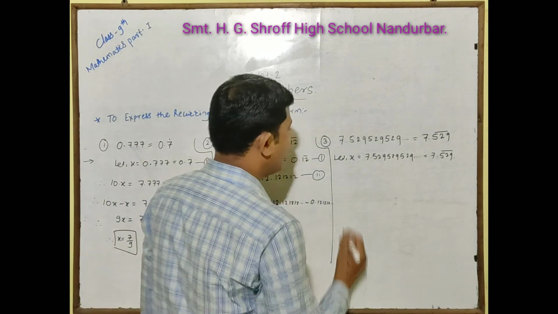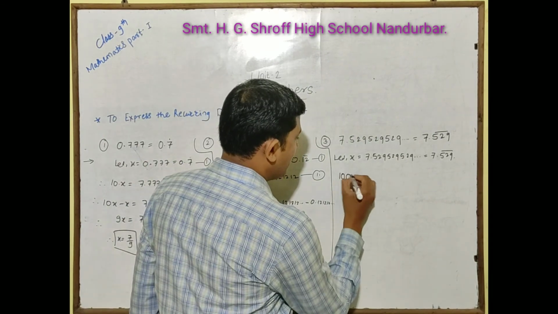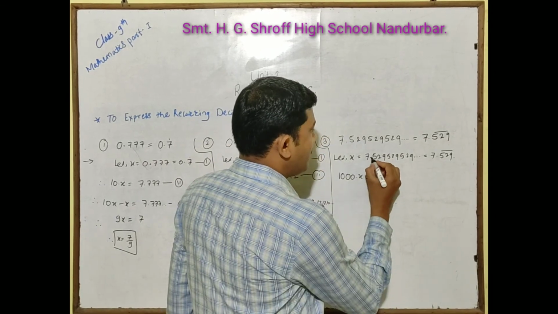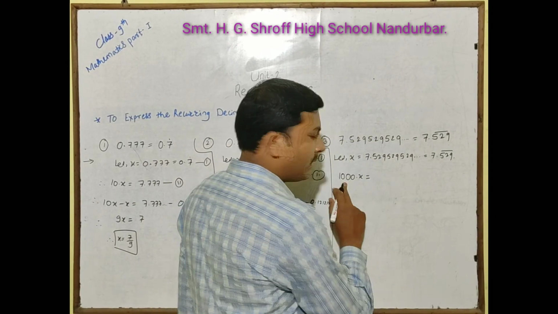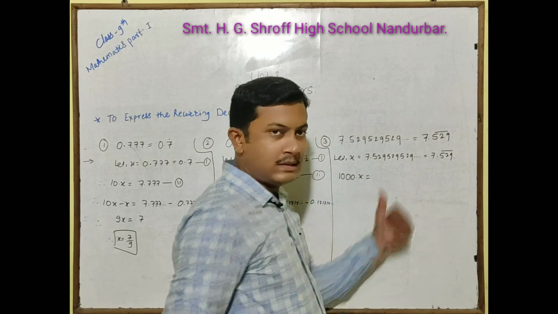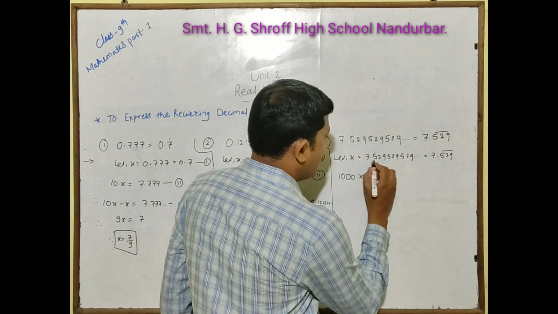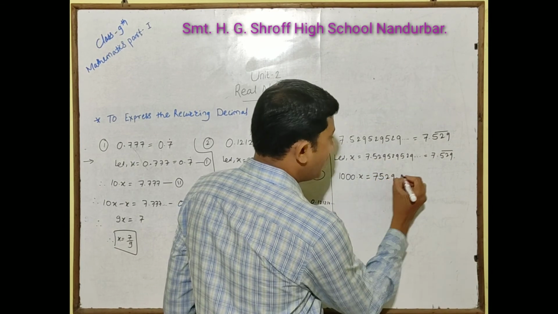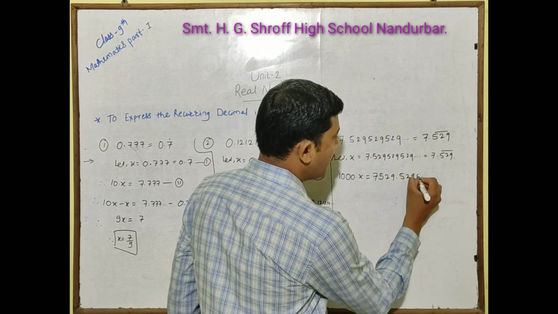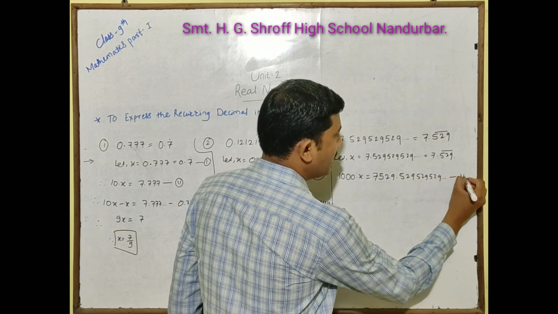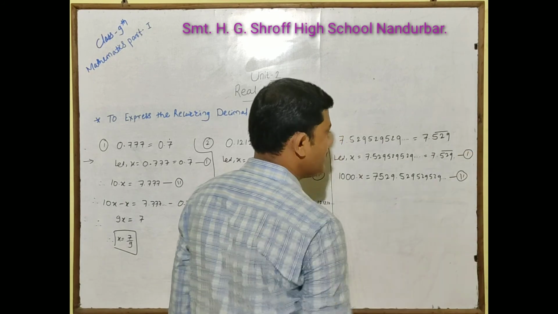Now multiply both sides by 1000. 1000 times x is equal to, the decimal point will shift 3 digits to the right, 1, 2, 3, that is 7529.529 and so on. This is equation 2, and this is equation 1.